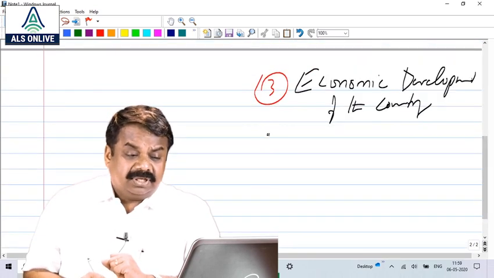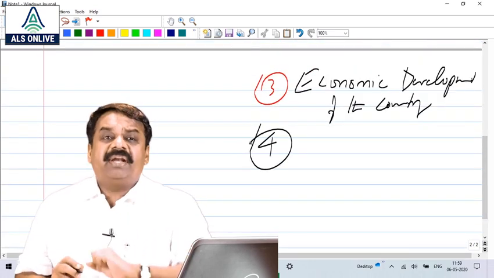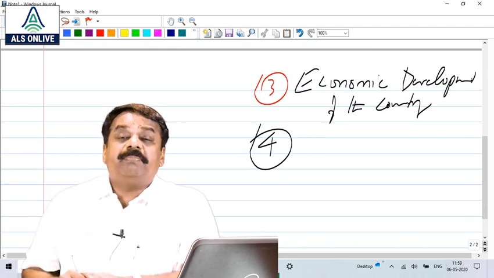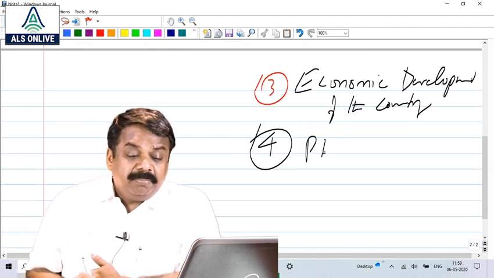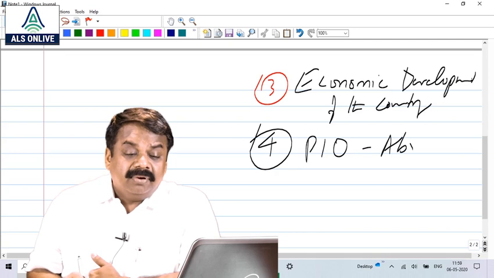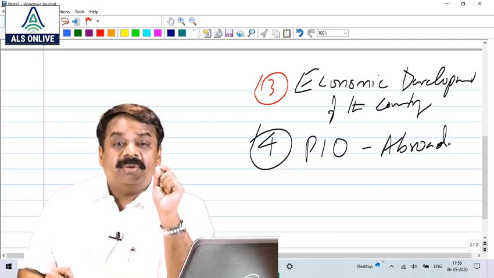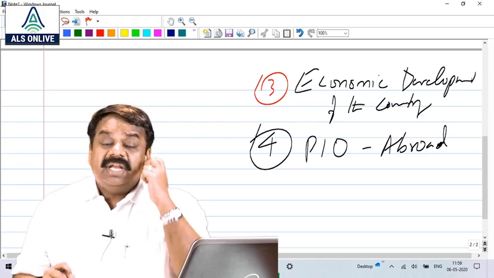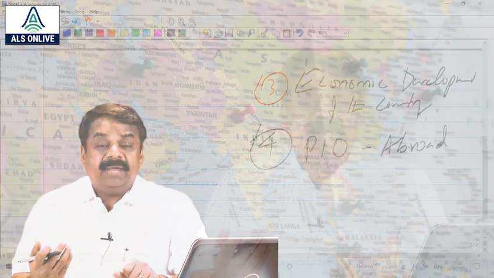The fourth objective, a very interesting thing again: protection of interests of people of Indian origin abroad. See, in fact, during the colonial time, many Indians travelled across the world as a part of the colonial policy, and also in pursuit of economic interest, for better jobs, better opportunities.